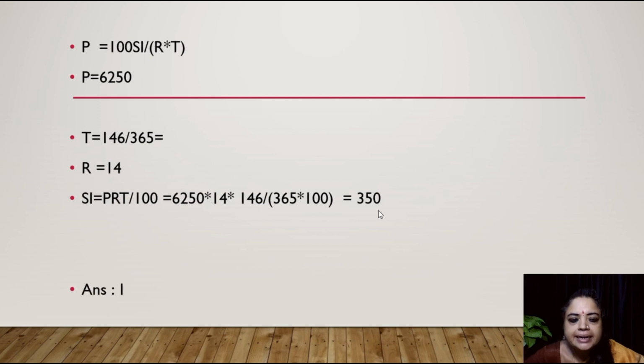So simple interest is 350 and the answer is the first option. It is simple, but the only thing that we need to remember is that the time period is calculated in terms of years. So that was the first problem asked in the 2019 examination.